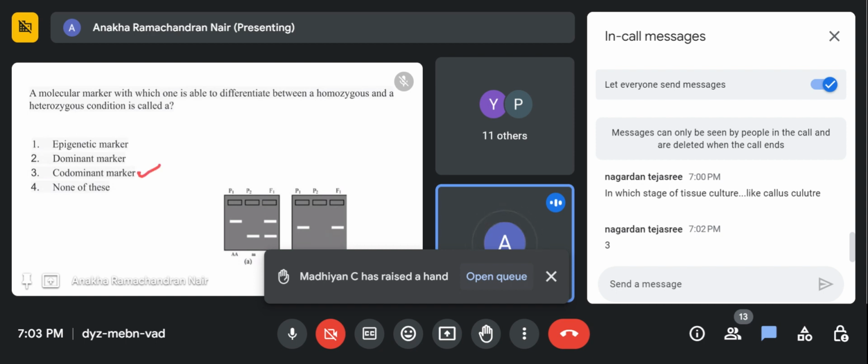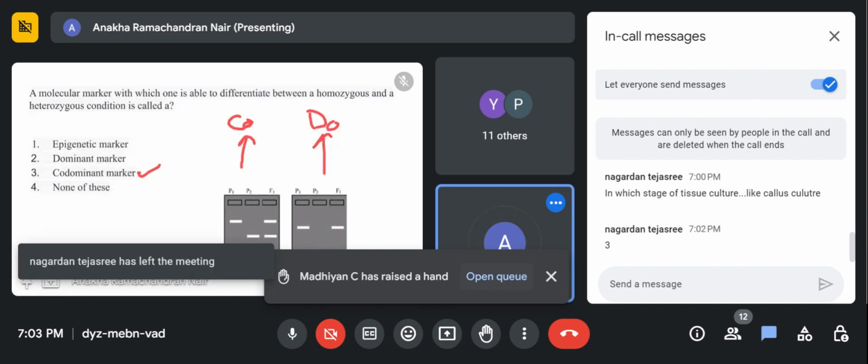As you can see in this diagram, one is an autoradiogram of a dominant marker and another is that of a codominant marker. Like you can see here, the marker is only for the dominant allele, so only organisms which have the dominant allele will be shown here. That is the capital B and the capital B, small b.